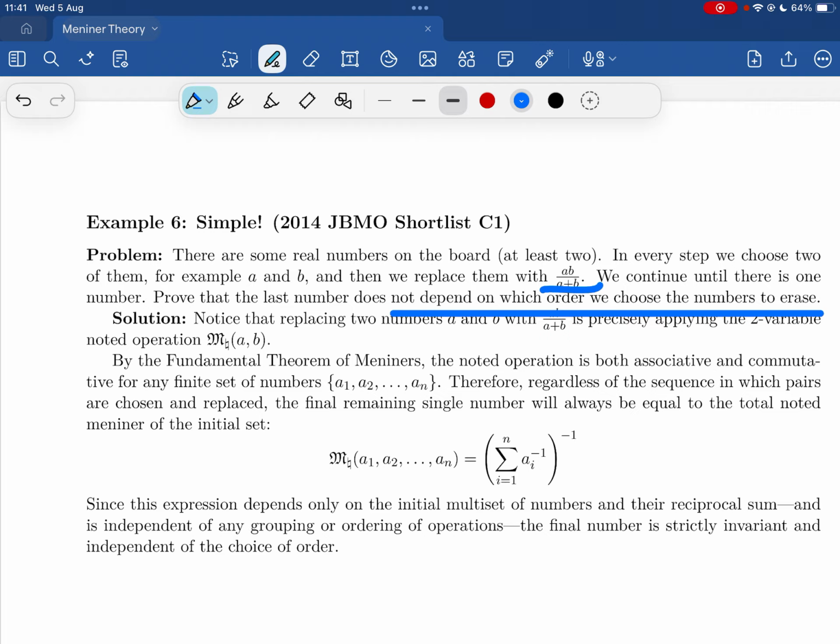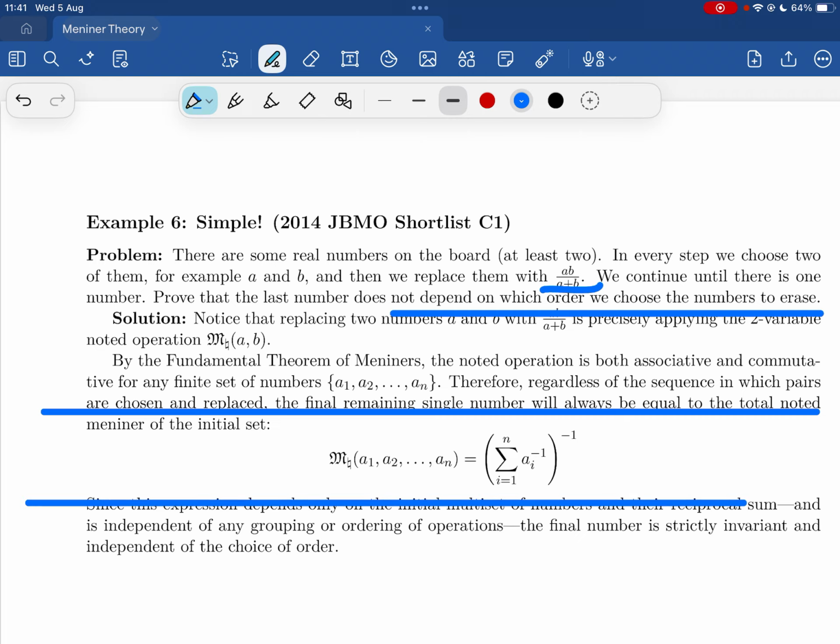The first line states that this operation is just a noted operation. The second line uses the Fundamental Theorem of Notes and Meniners, and we are done. And so therefore, you have just proved a 2014 Junior JBMO Shortlist Combinatorics problem 1, and you can show off to anyone you want that you know Meniners, and you can solve the problem with Meniners.